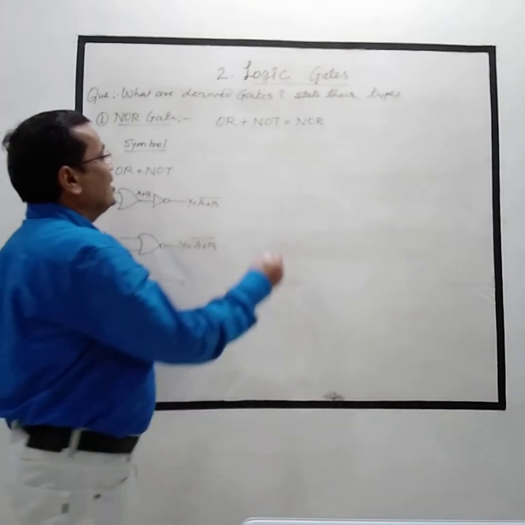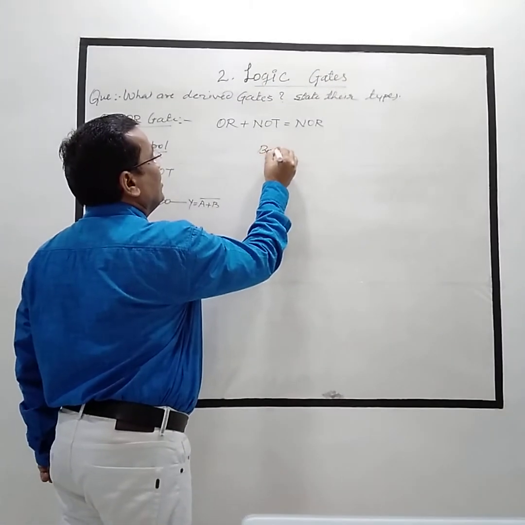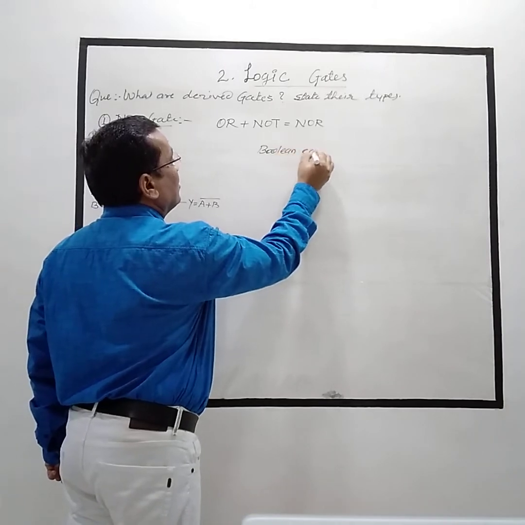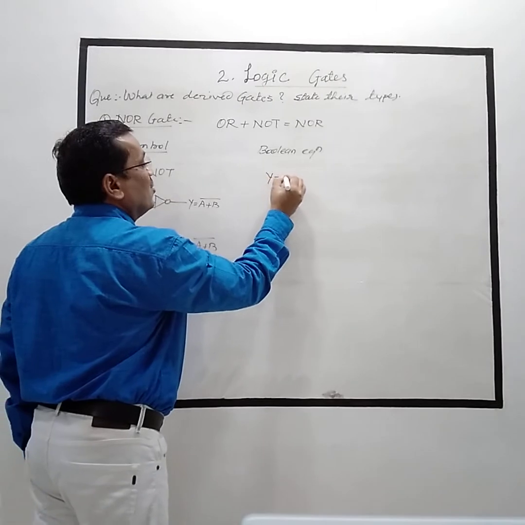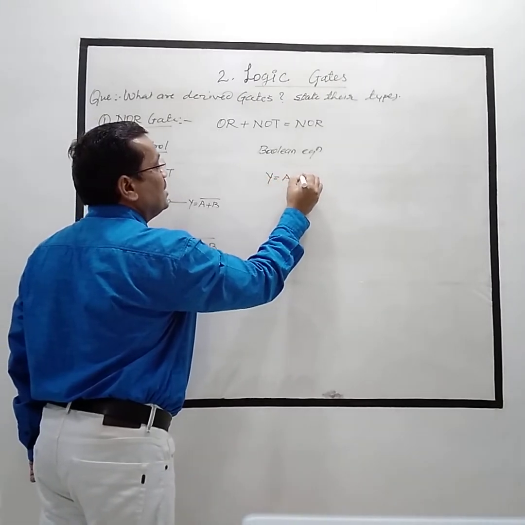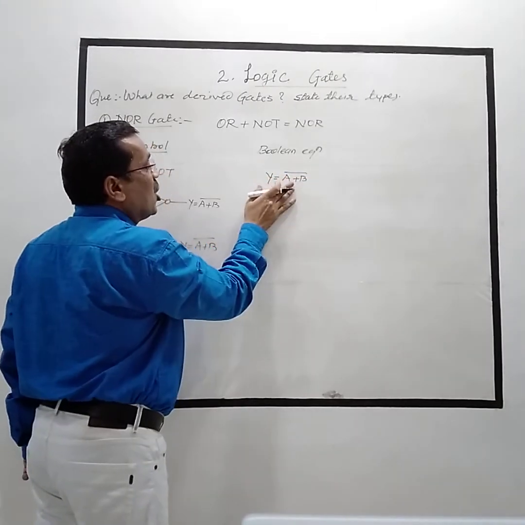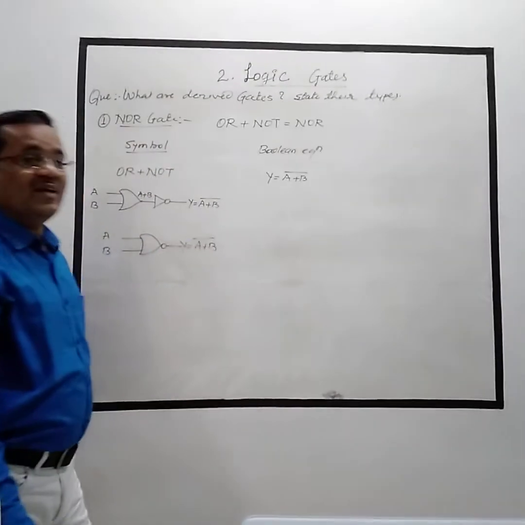Then the Boolean equation. The Boolean equation will be Y is equal to (A plus B) complement. This is OR and its inverter will be NOR.